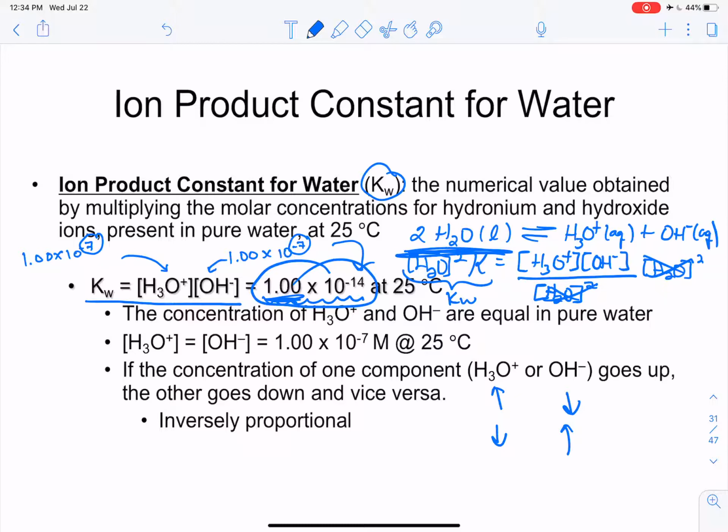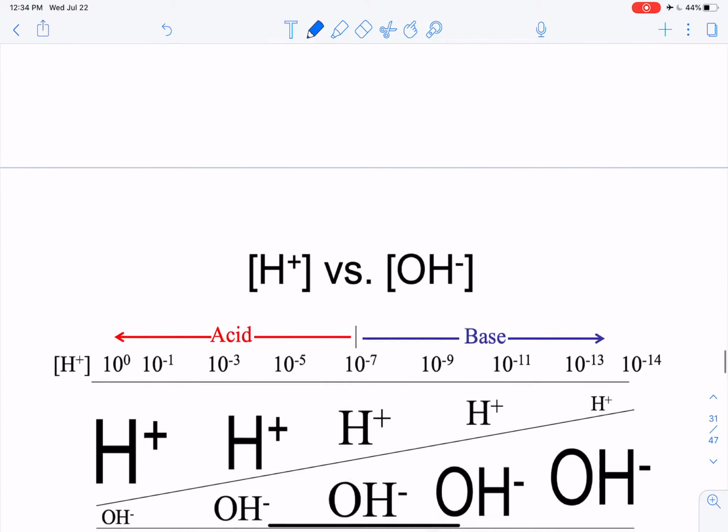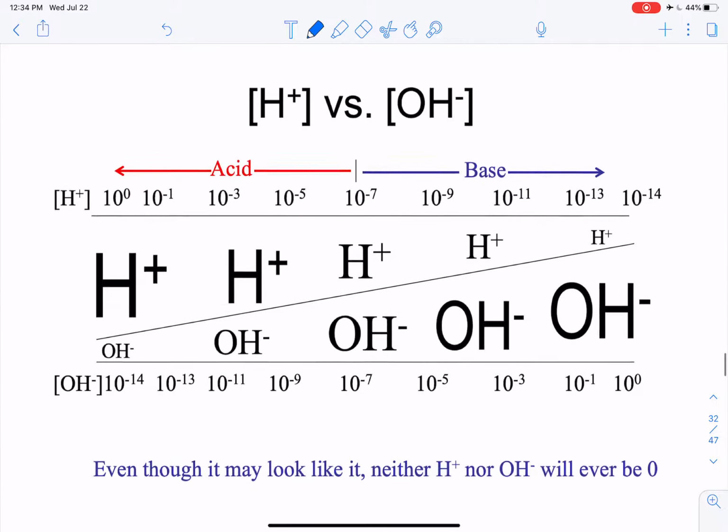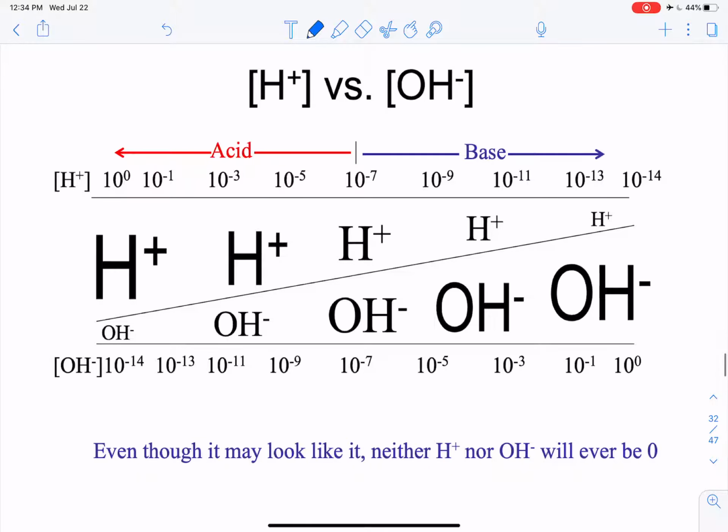Now, what does that look like in picture form? Because you might be at the point where you're like, what on earth are you talking about, Professor Gray? Well, here we go. This might be a little bit easier if we put it in picture form. So if we have pure water, what we're going to have is a concentration of hydronium, H3O plus, right here. That is 1.0 times 10 to the negative 7.